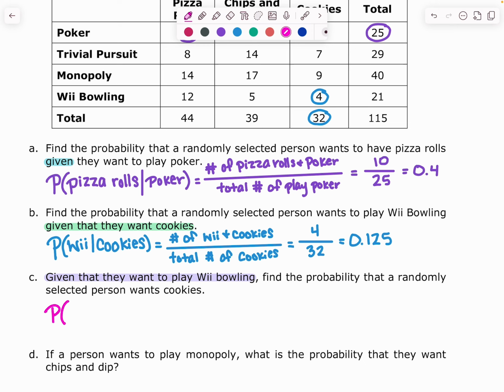So the probability that a person wants cookies given that they want to play Wii. Whatever comes after given is what goes after the line. That is what we've been given.